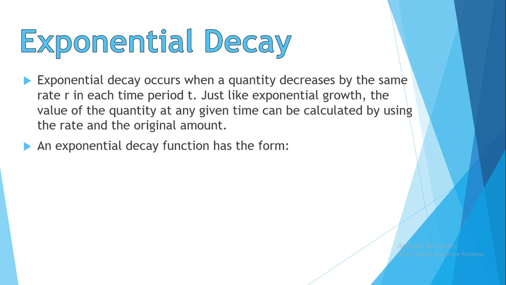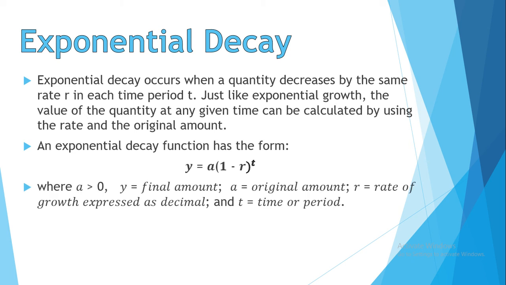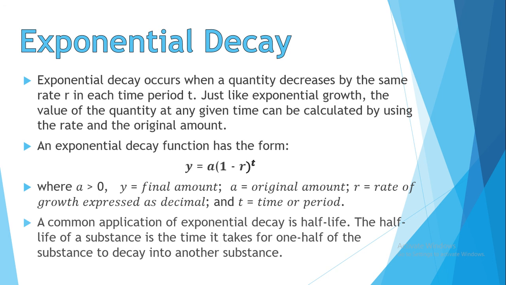An exponential decay function has the form y = a(1 - r)^t, where a is greater than 0, y is the final amount, a is the original amount, r is the rate expressed as a decimal, and t is the time or period. A common application of exponential decay is half-life. The half-life of a substance is the time it takes for one half of the substance to decay into another substance.